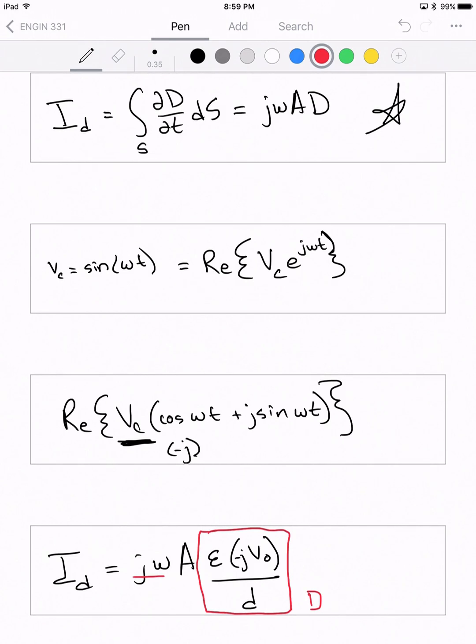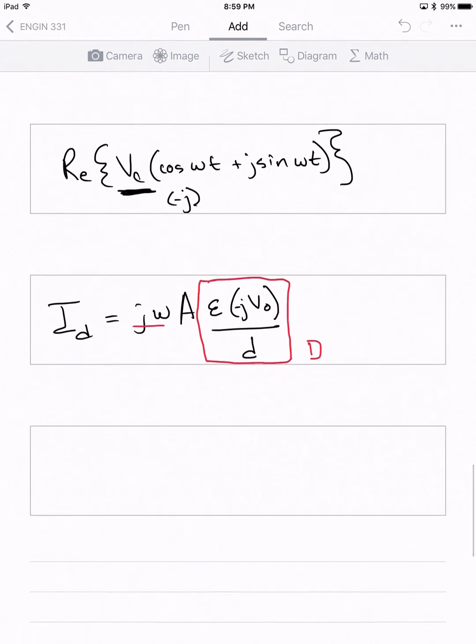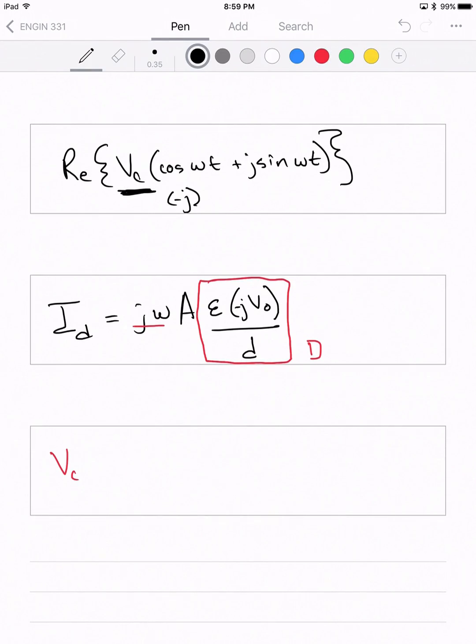Okay, so here's where phasor form really can help you. We also have to find out what the conduction current is. And to do that, we just use Ohm's law. We have V_C again. V_C is minus j times V naught.